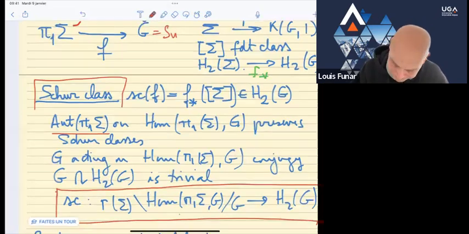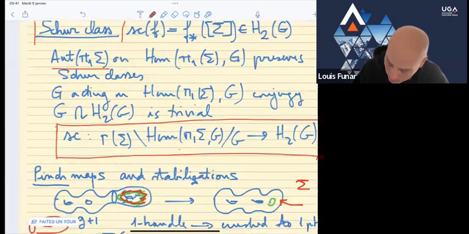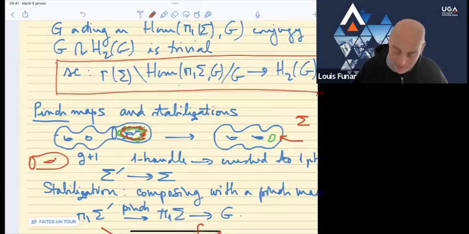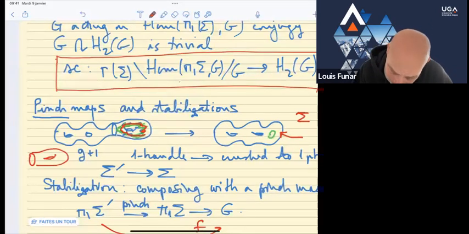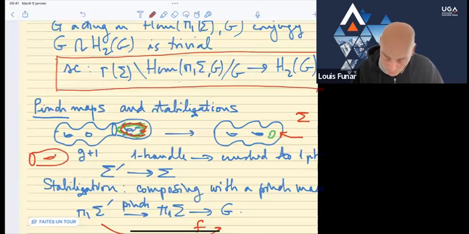So in order to say something, I'm defining pinch maps between surfaces. Pinch maps lie on the opposite of branch coverings. Pinch maps correspond to taking a surface.